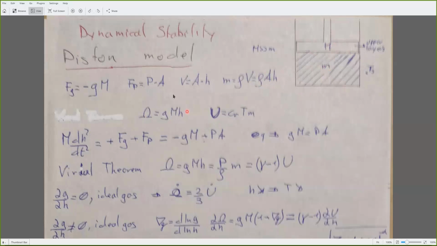The potential energy is simply, as I said, since the mass of the piston is definitely greater than the mass of the gas, just the potential energy of the piston. It is a really simplified piston, because essentially, as you saw, technically it has no thickness.